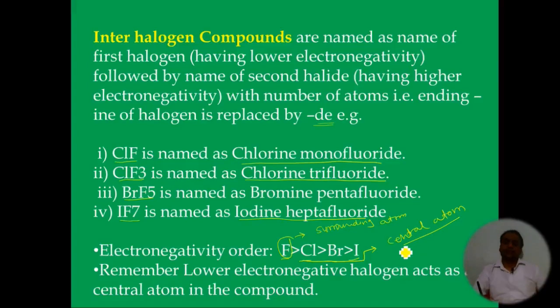The central atom has a larger atomic size and less electronegativity than the surrounding atom.